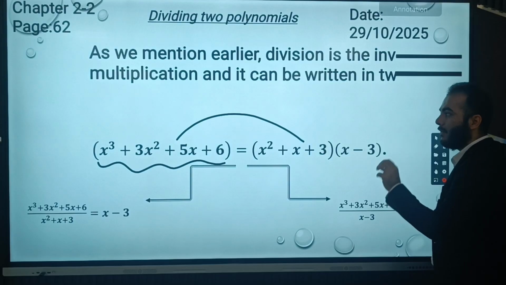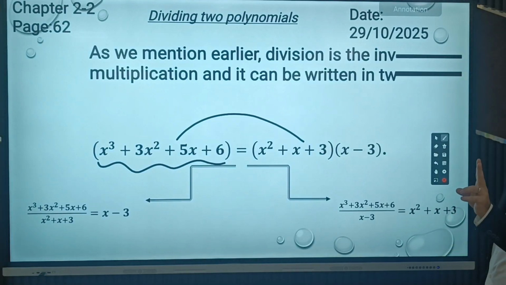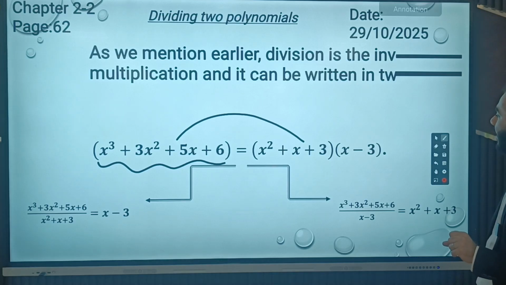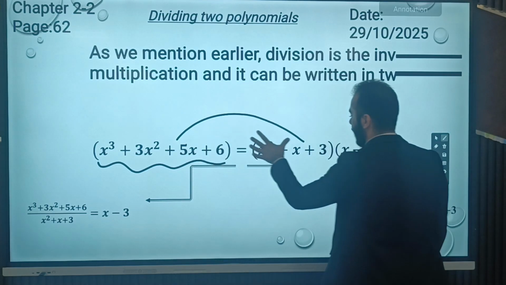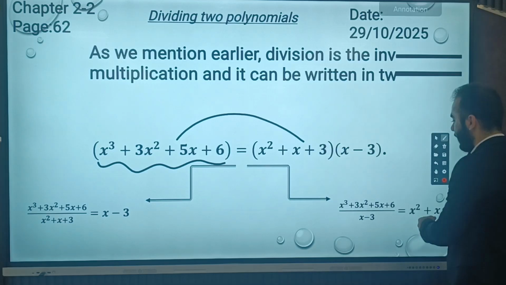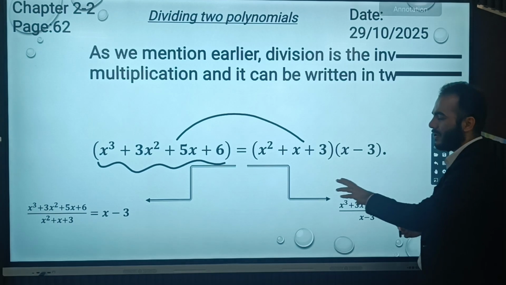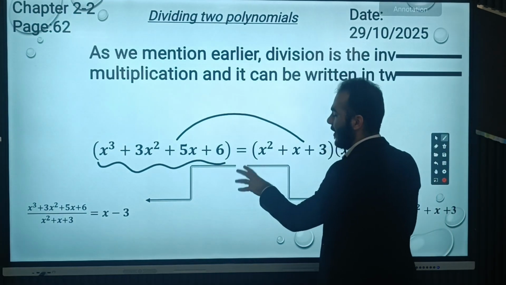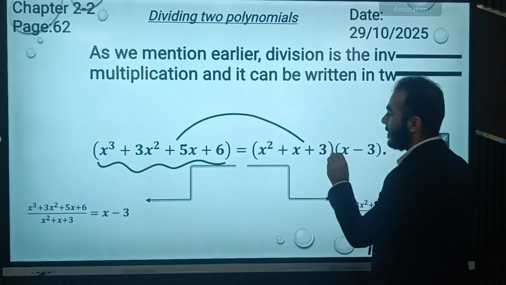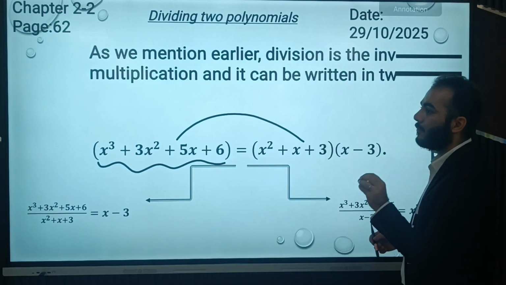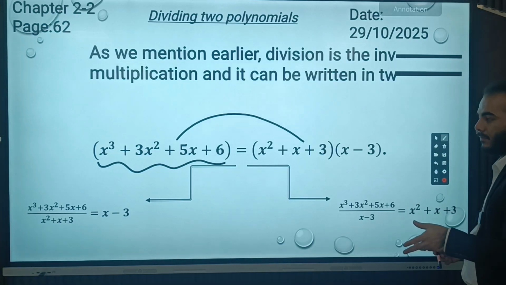That's why division can be written in two ways. Inshallah, during the questions you are going to see it and understand it better. But you better know that when we divide polynomials, it can be written in two ways.